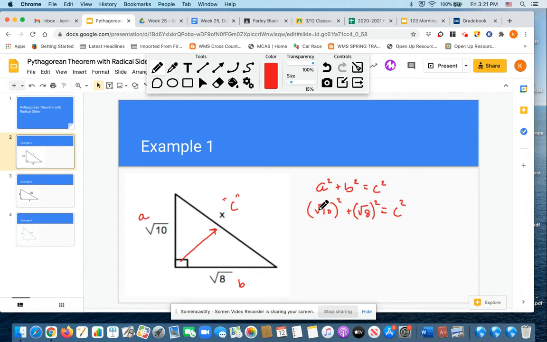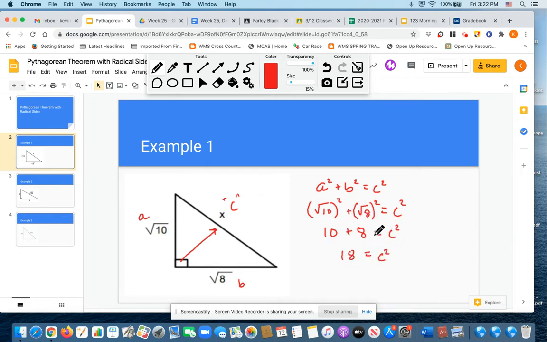Guys, if you square a square root, you just undo that operation. So squaring a square root leaves you with the number inside the square root. That's all it is. So if you square the square root of 10, you get 10. If you square the square root of 8, you get 8. And that is equal to c squared. Putting these together, I get 18 is equal to c squared.